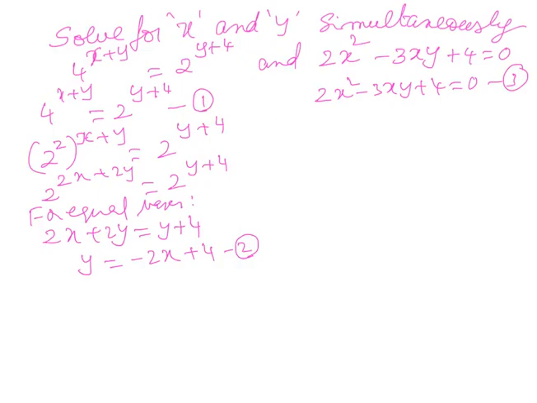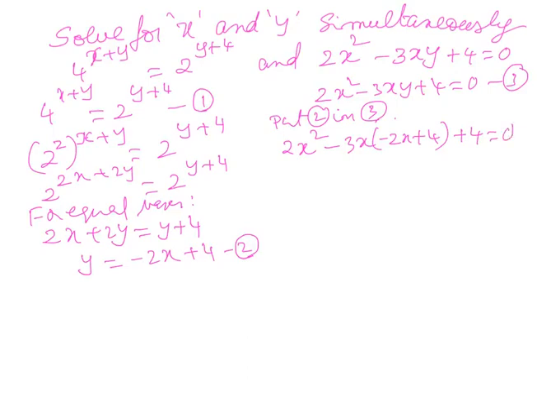And I put equation number 2 in this equation number 3. That means I replace y with negative 2x plus 4. Therefore equation 3 now becomes 2x squared minus 3x times, instead of y I write minus 2x plus 4, and then plus 4 is equal to 0.